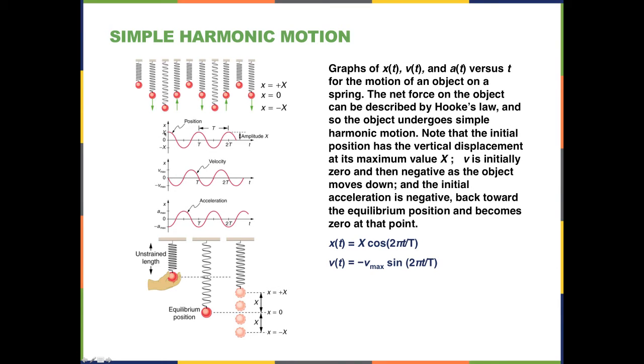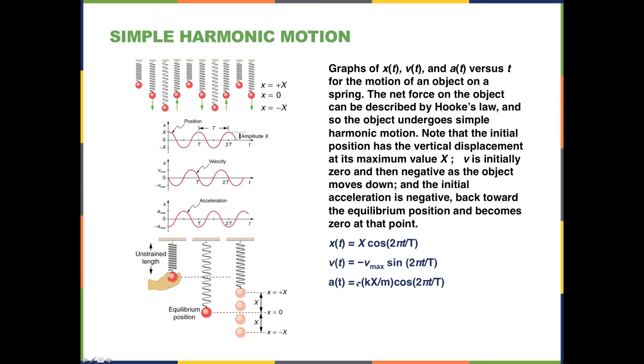Notice in a cosine wave, you start at x, the amplitude, and in a sine wave, you start at 0. Notice that because the velocity is negative, it begins with a downward deflection and then upward, etc. And then lastly, the acceleration is described by this, which is also a cosine function, and it's shown right here.